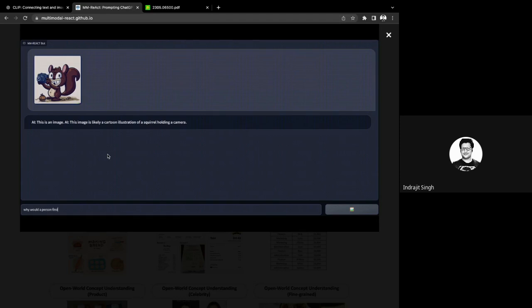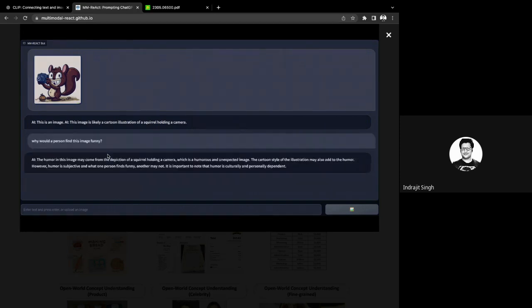Now the quick prompt is, why would a person find this image funny? That's the prompt, and AI is going to answer for that. The humor in this image may come from the depiction of a squirrel holding a camera, which is humorous and unexpected. The cartoon style of the illustration, I can't read that, but I hope you guys got that.